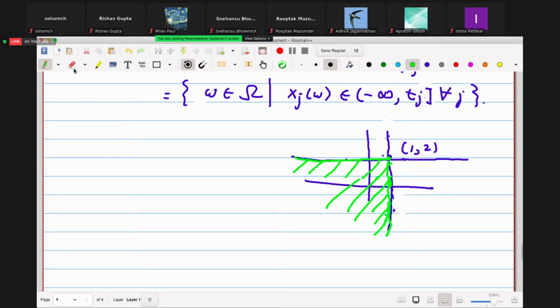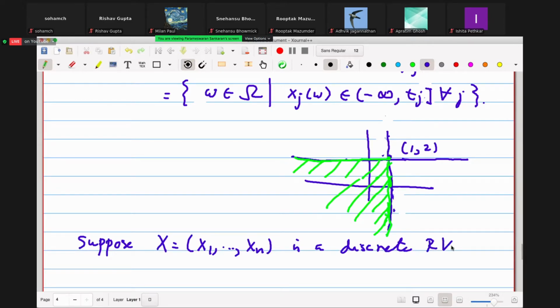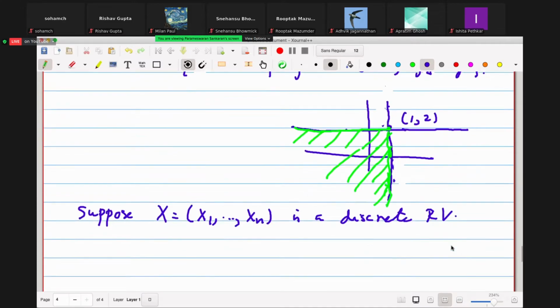So when it is discrete, suppose X is a discrete random vector or random variable, whatever it is.